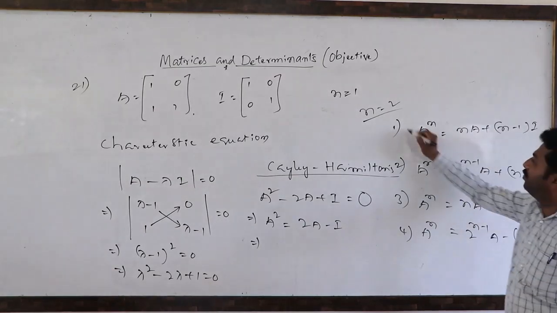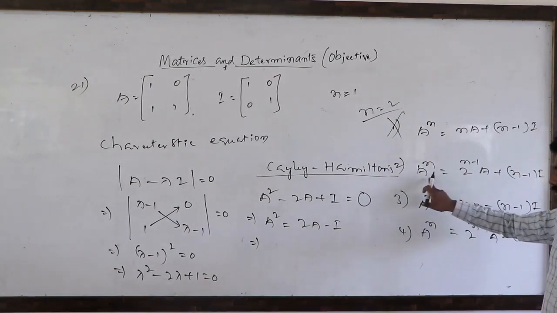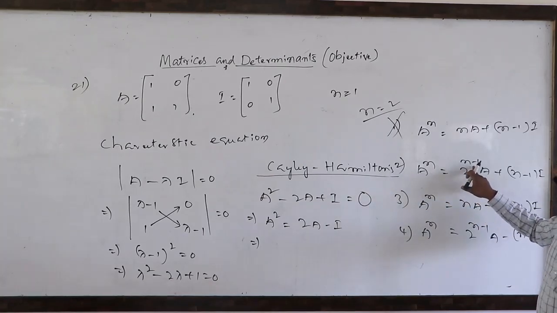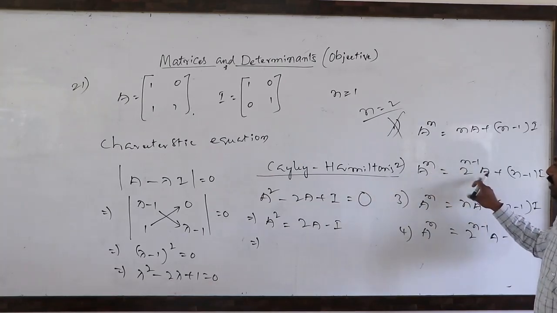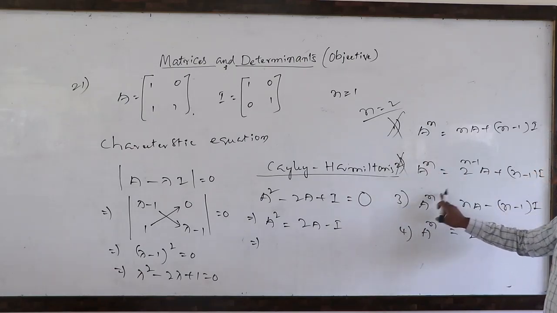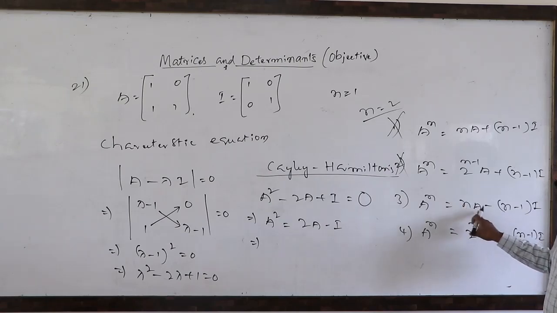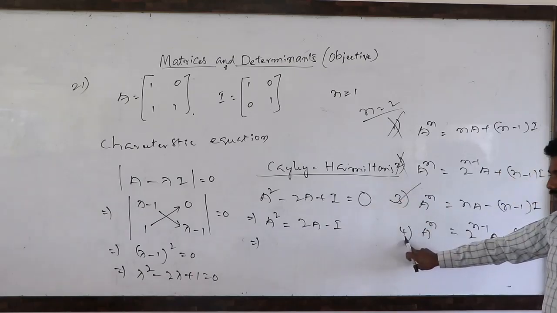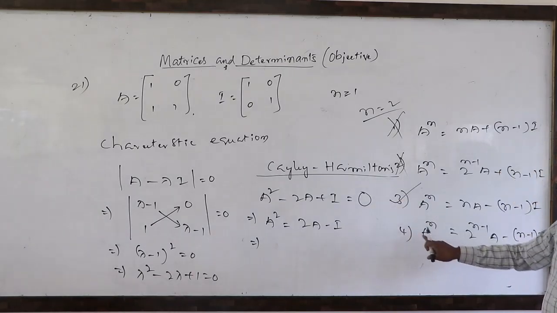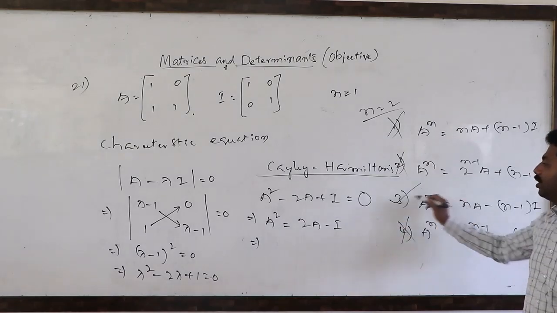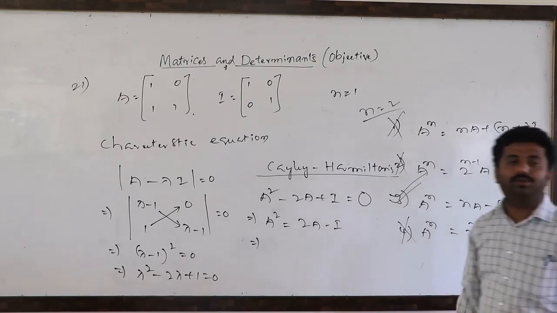Here plus I is there, so this is a wrong option. In this one, n equal to 2 means only A will come, so this is also a wrong option. In this one, n value 2 means A square, 2A minus I, this is maybe possible. In this one, if you take n equal to 2, it gives A, so this is a wrong option. So clearly we have to answer like this.